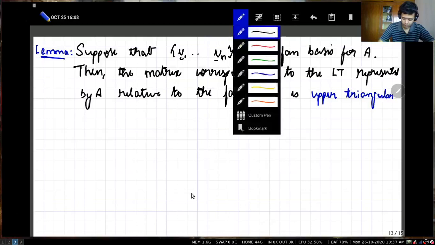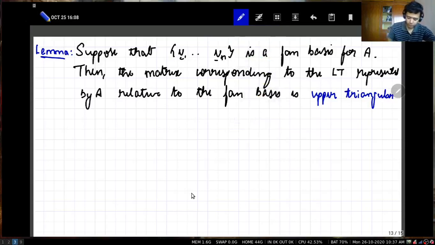And why is that? So recall that we have y equal to A times x and beta equal to B times alpha.